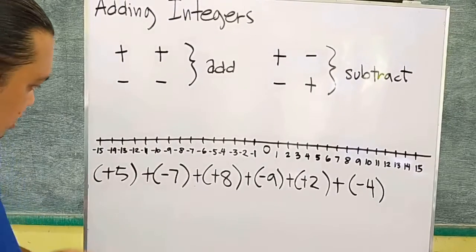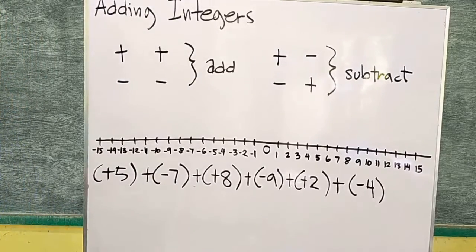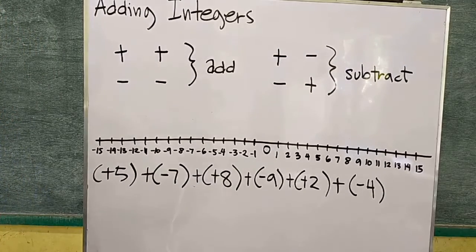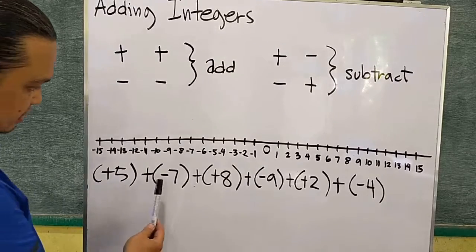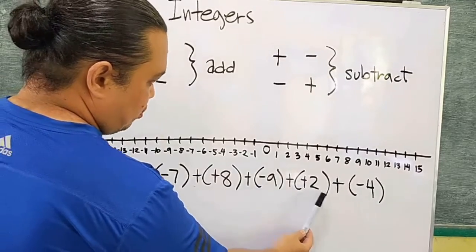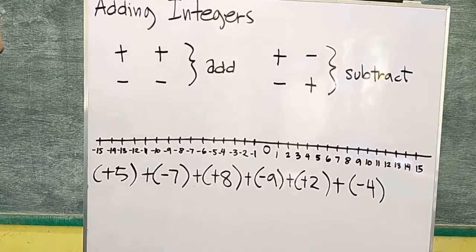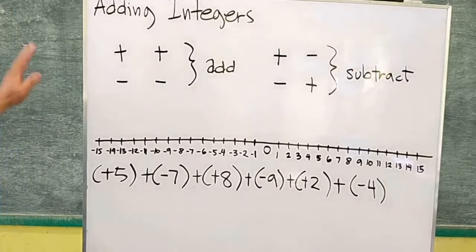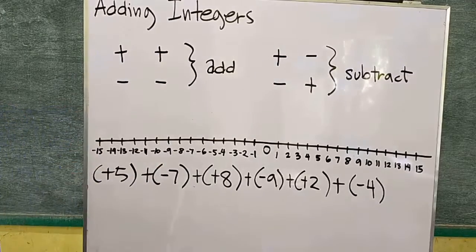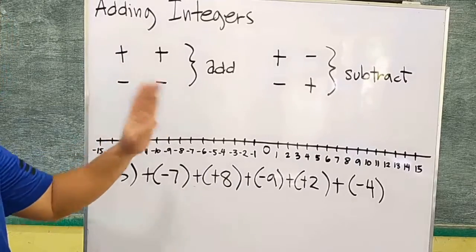We are adding 6 integers with different signs: positive 5, negative 7, positive 8, negative 9, positive 2, and negative 4. Now, how do we answer this? Just follow the same principle.